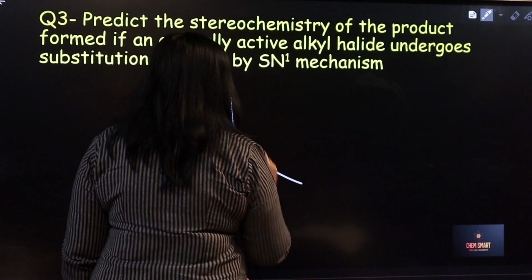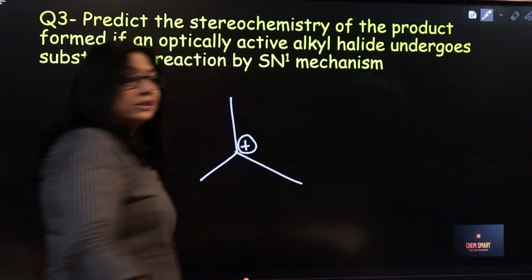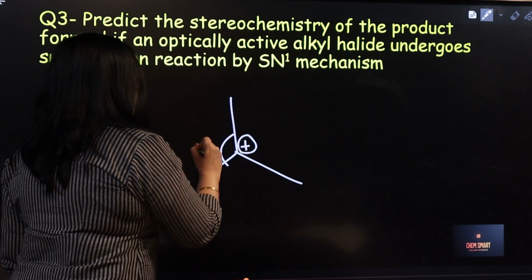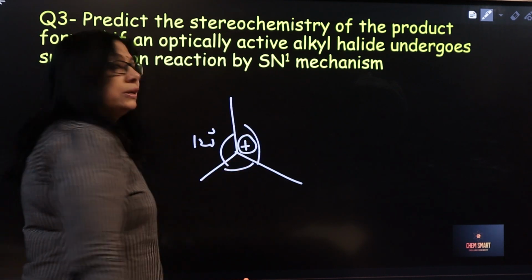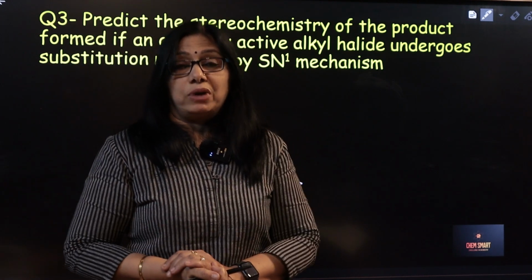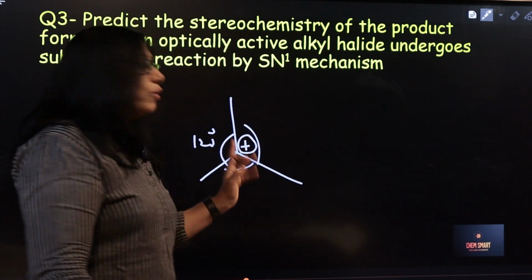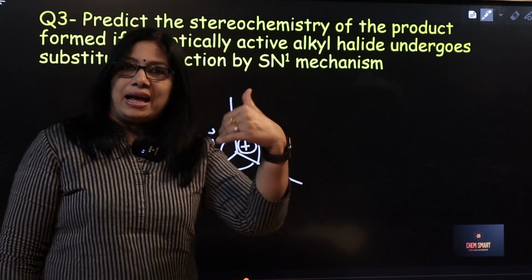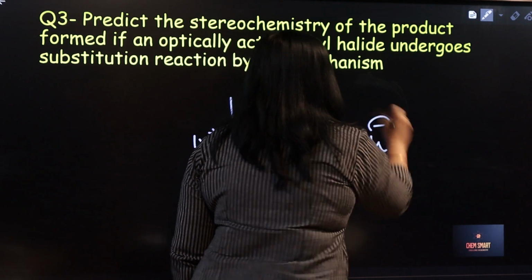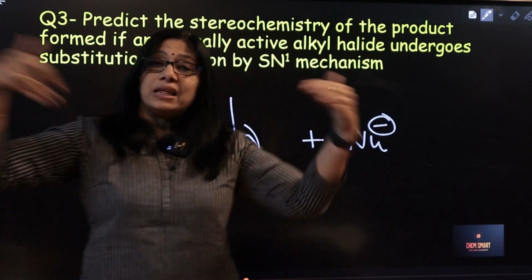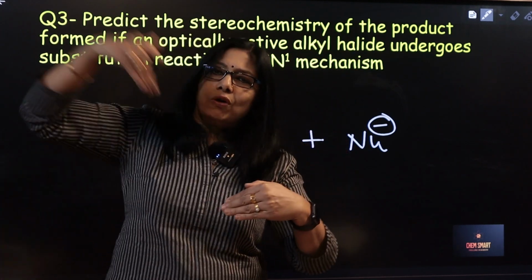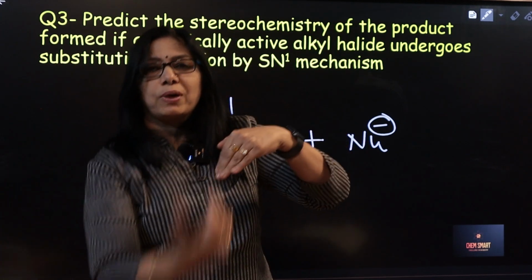So, this will be the shape of the carbocation, trigonal planar with bond angle 120 degrees. So, when we have a trigonal planar carbocation formed during SN1 mechanism, this carbocation can be attacked by the nucleophile from either direction. It can be attacked from left or right, or from top or from bottom.